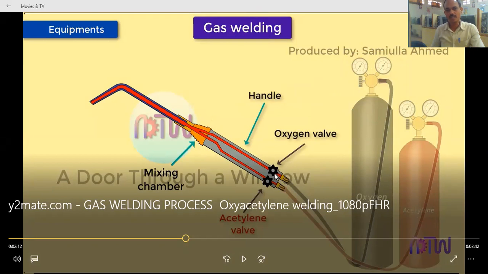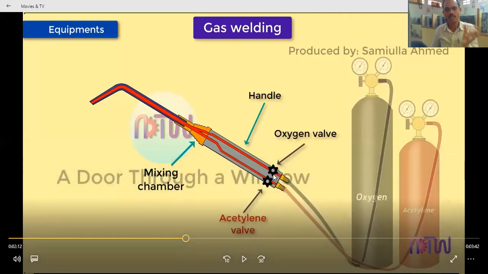After this, there are two valves. This one is one valve. Here is another valve. By using these valves, we can increase or decrease the flow of oxygen or acetylene.